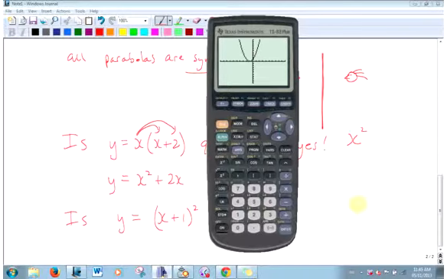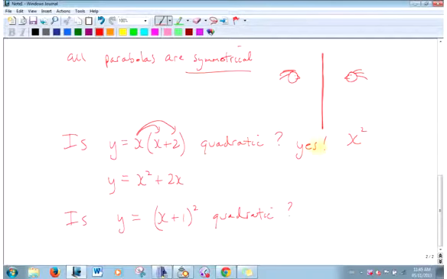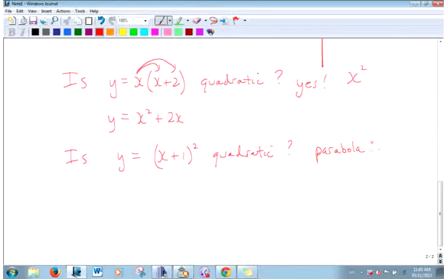Okay? So, if it's a quadratic, it makes a parabola shape. Therefore, we can say it the other way around: if it makes a parabola, then it's quadratic. And if we remember our algebra really well from grade 10, this thing squared means this thing times itself.